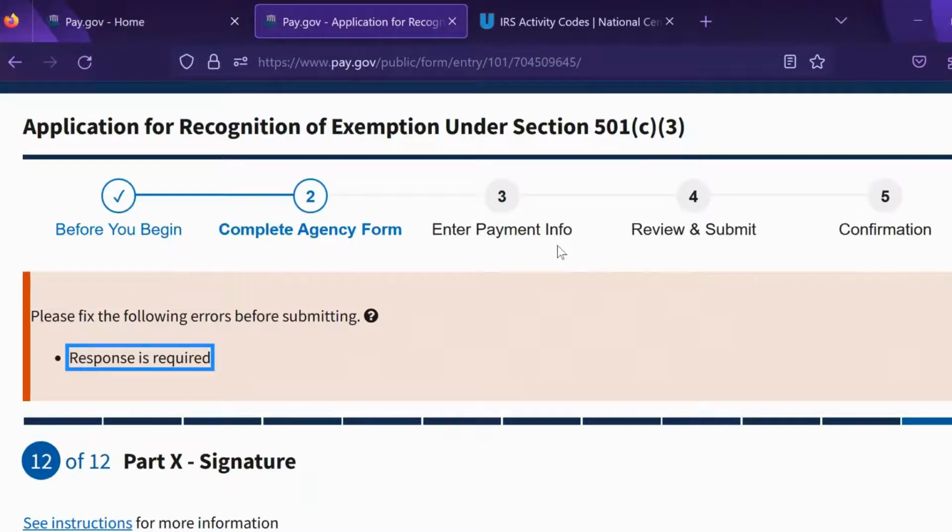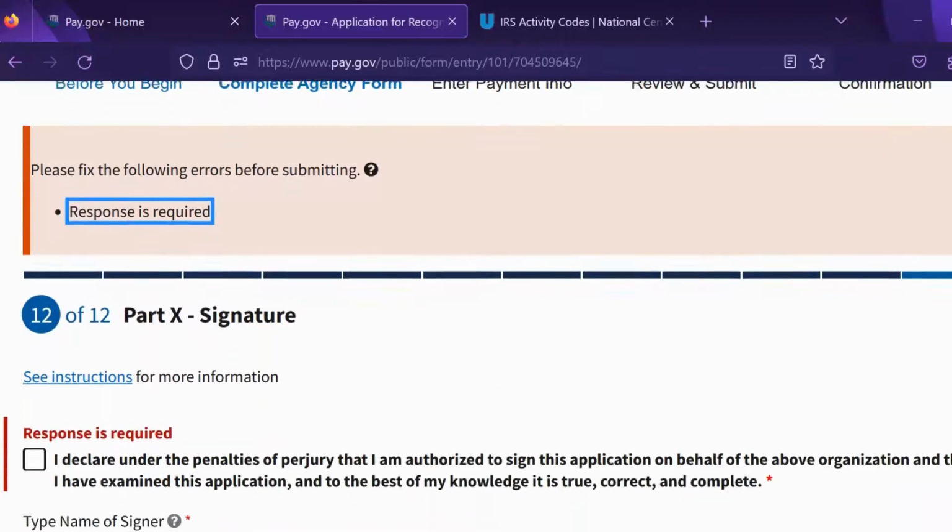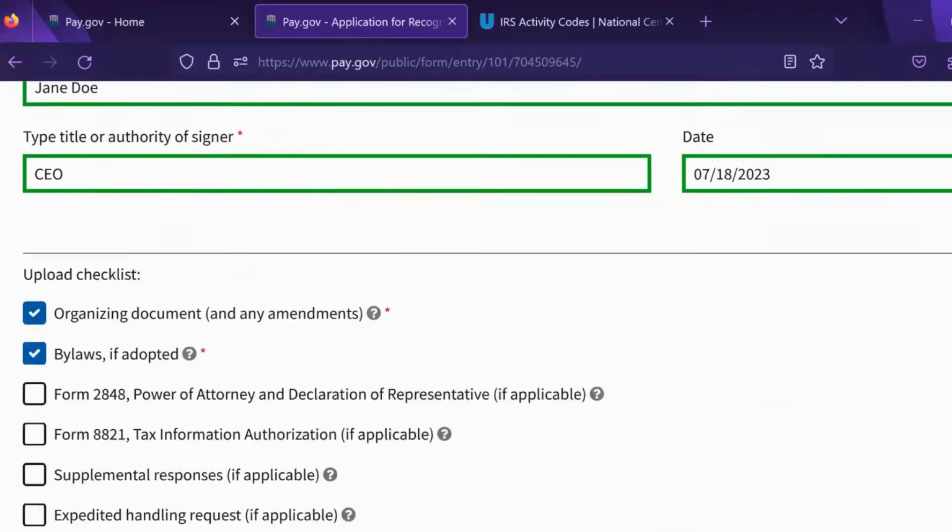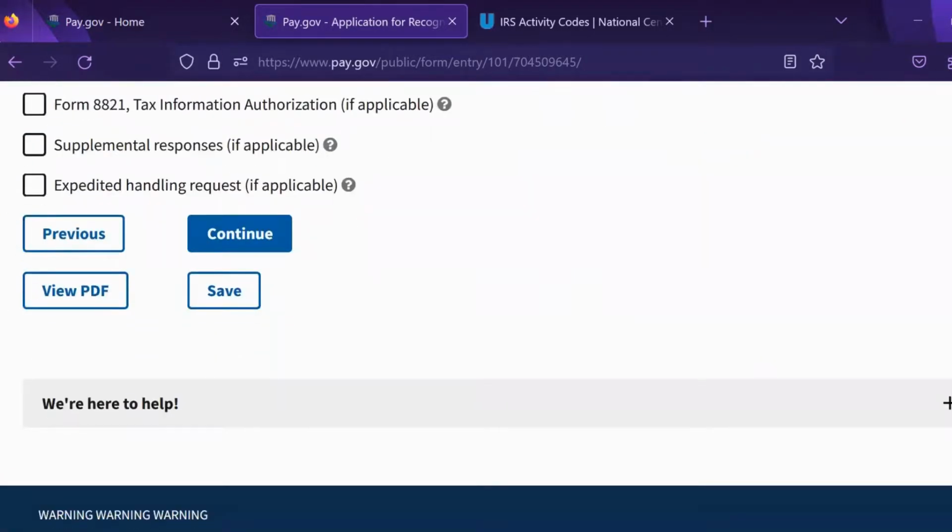The filing fee is $600, and then you will be able to review all of your questions and submit them, and then you will confirm submitting your 501(c)(3) federal tax exempt application. You can also click View PDF to view and print out a copy. If you want to print it out and review it one more time before you submit it, you can do that.